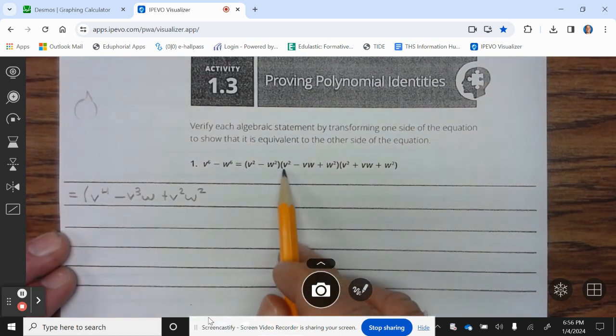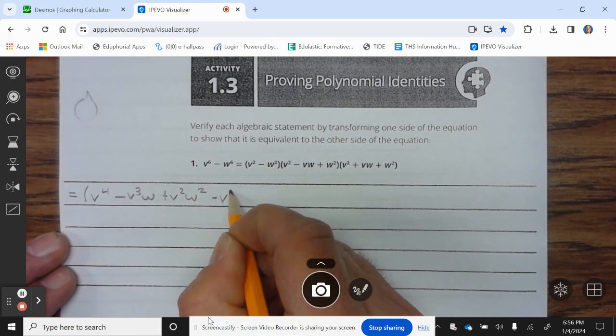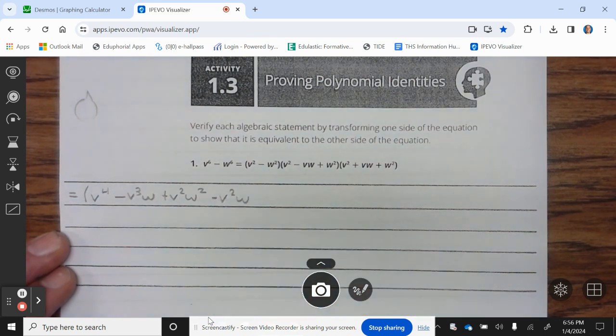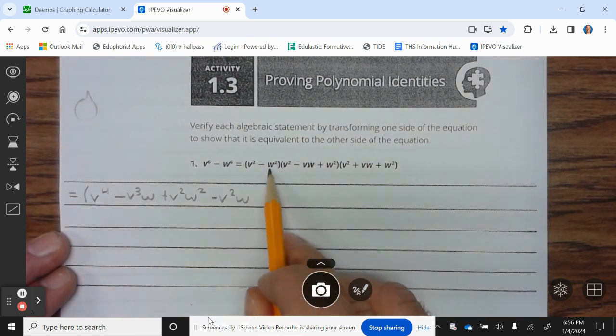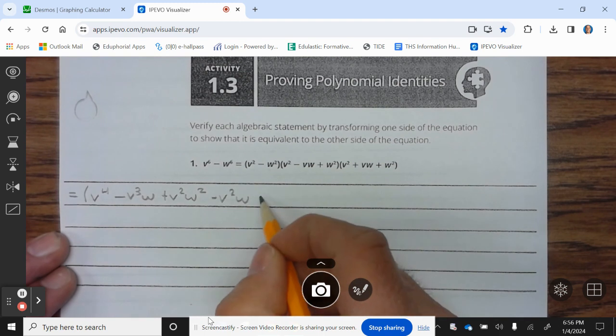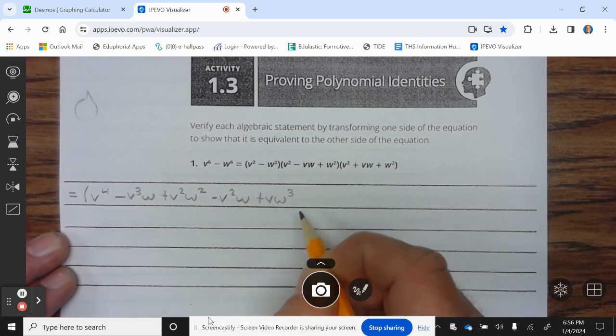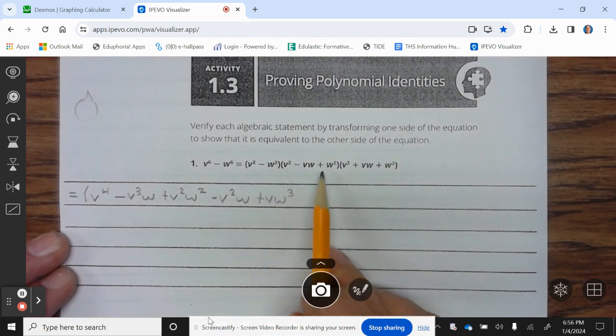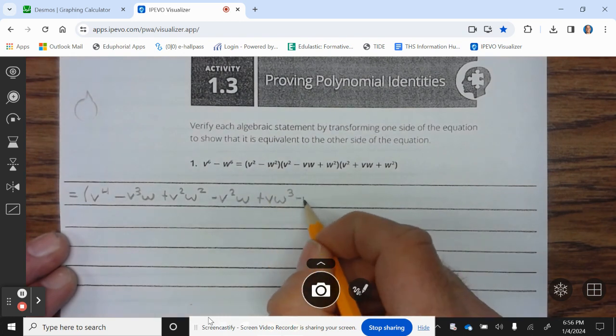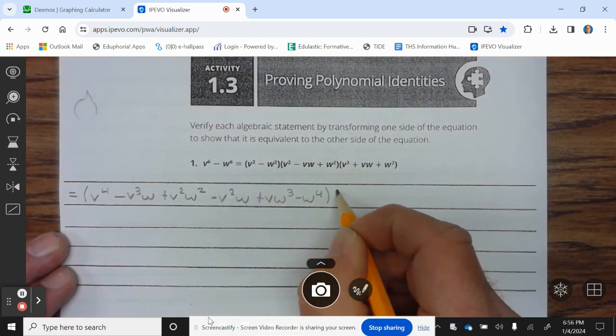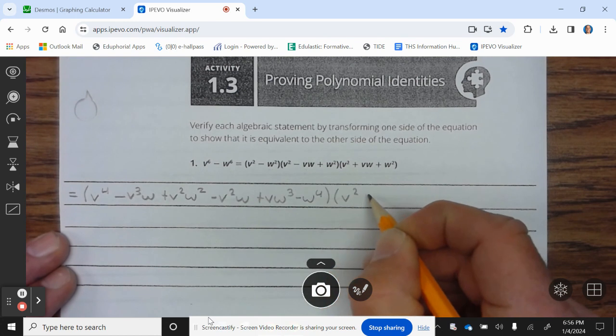Negative w squared times v squared is minus v squared w squared. Negative w squared times negative vw is plus vw cubed.